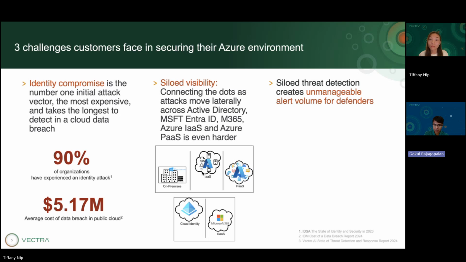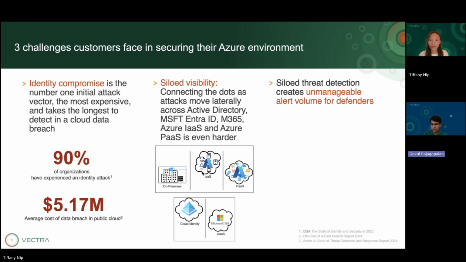The second is essentially, as we look at an organization's IT footprint, it is hybrid by design. They have certain assets on premise. They have VMs in the cloud or in a virtual data center.